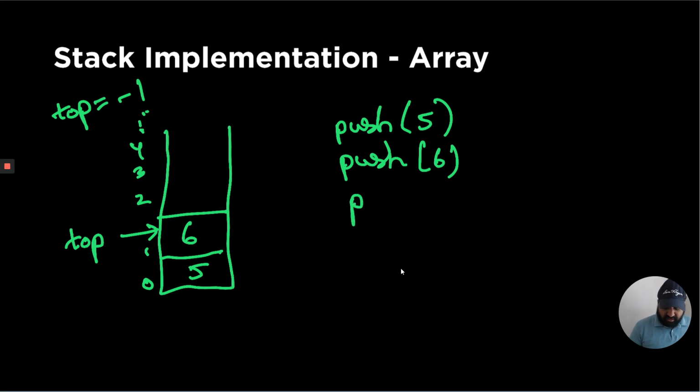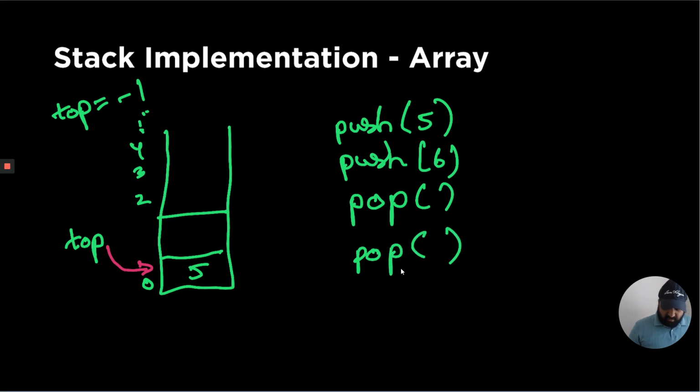Now if we do a pop operation, this is going to remove this 6. So I'm going to remove this, and now the top starts pointing to 5. So let's delete this. Now if I do again a pop operation, it's now going to remove this 5.